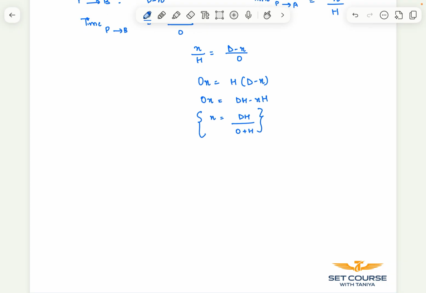Now we have the distance to reach point of equal time as DH divided by O plus H. Now the time to reach point of equal time would be our distance, which is x, divided by the ground speed out.